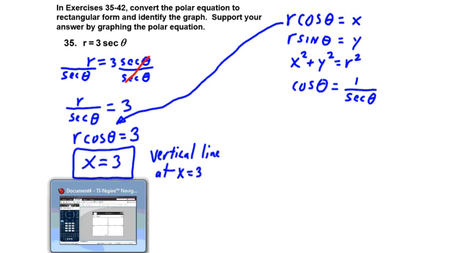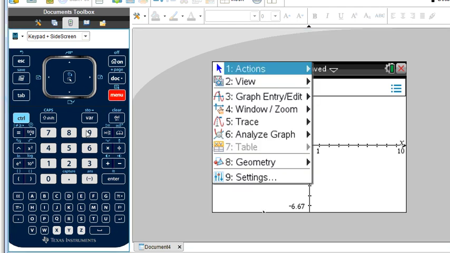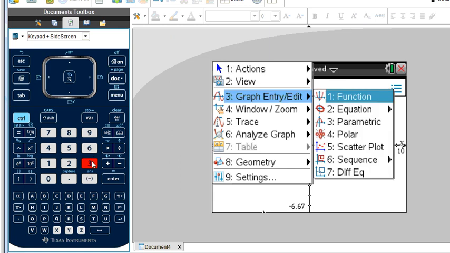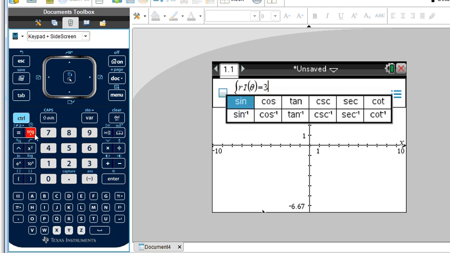So we go to our calculator, we're going to have r equals 3 secant theta. So we go to menu, and we're going to go to graph entry, and option 4, which is polar. And so our equation is r equals 3 times secant theta.